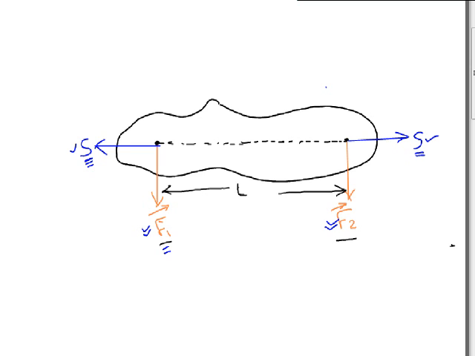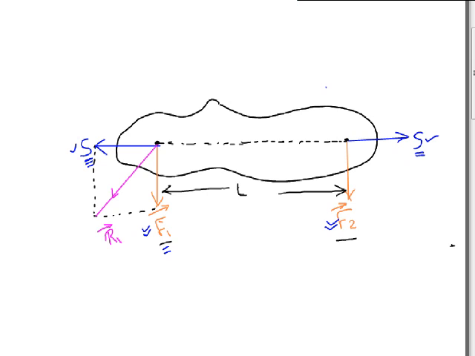So we can apply the parallelogram law. We can complete the parallelogram here and say that the resultant of the forces F1 and S is as shown here. Let us call it R1.